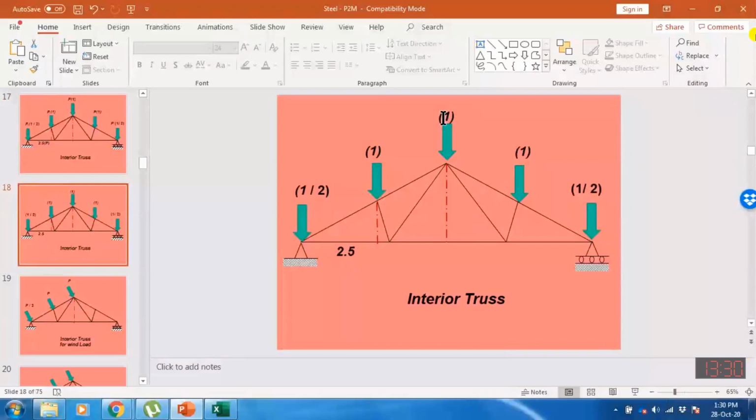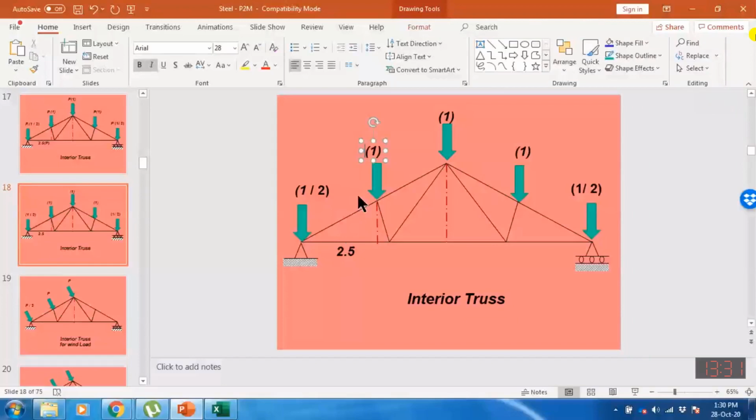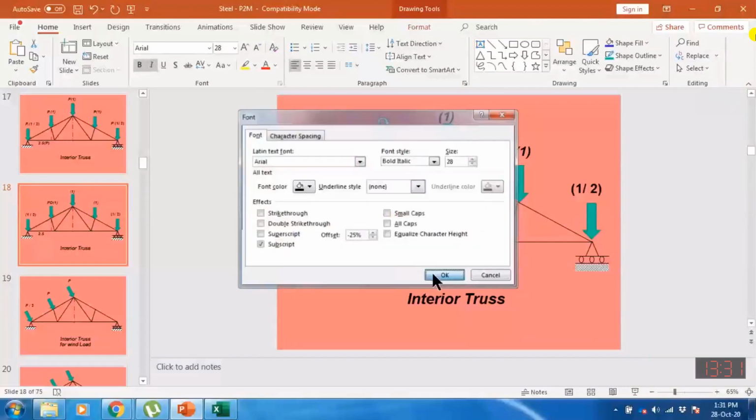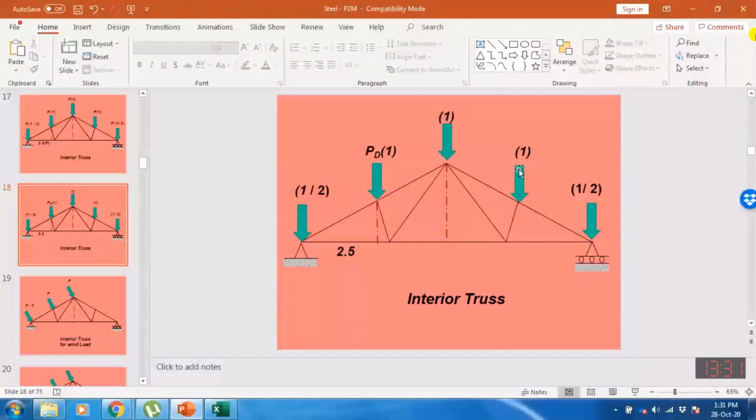Dead load means that all this load will be PD, the panel dead load. So this is also PD, this is also PD, this is half PD. Then this force will be equal to 2.5 multiplied by P sub D.